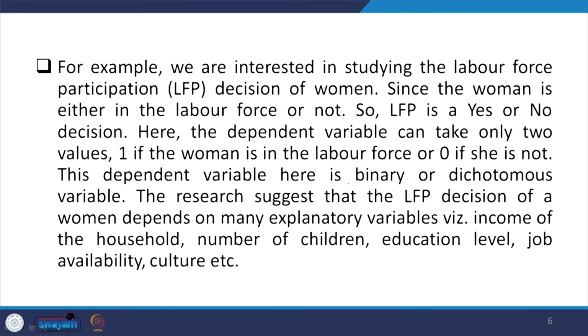And so, it is binary and dichotomous. Research suggests that the labor force participation decision of a woman depends on many explanatory variables, such as household income, number of children, education level, job availability, culture, etc.